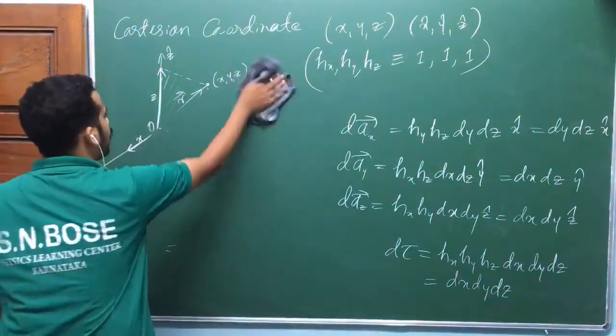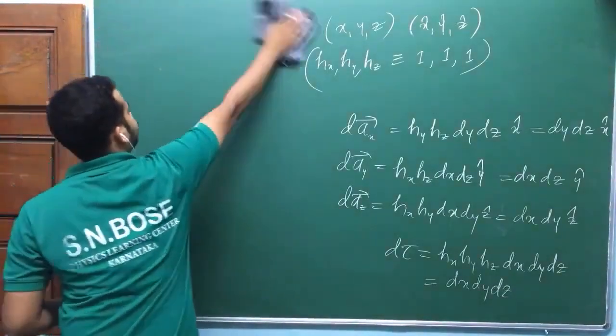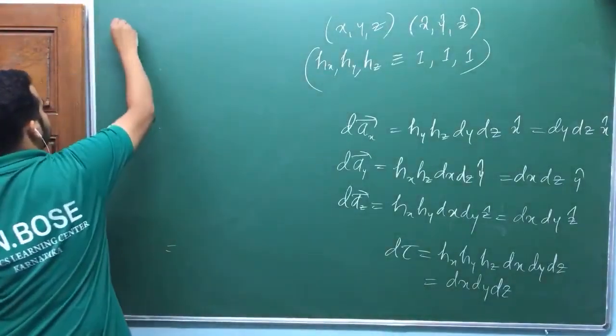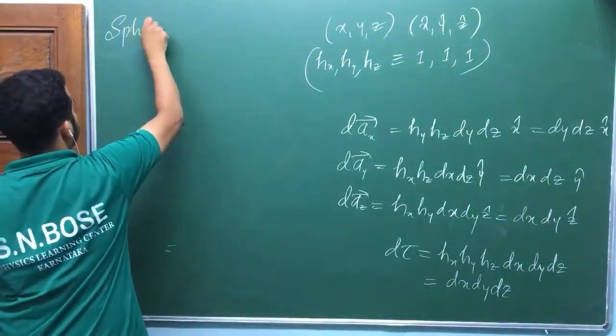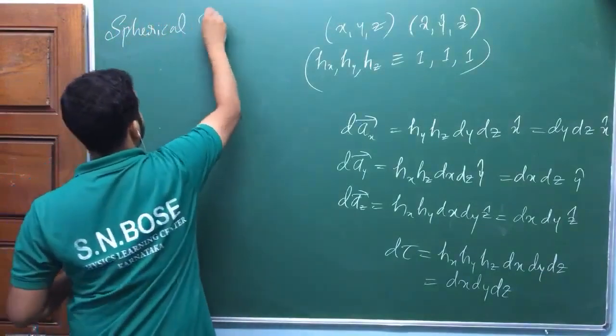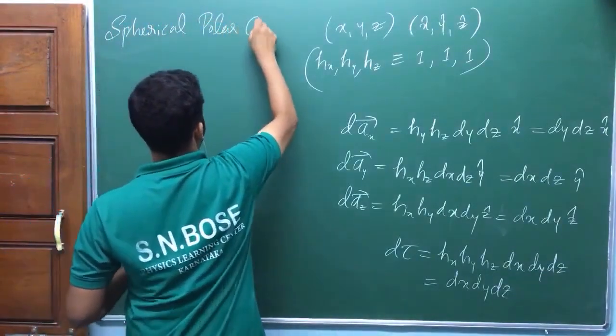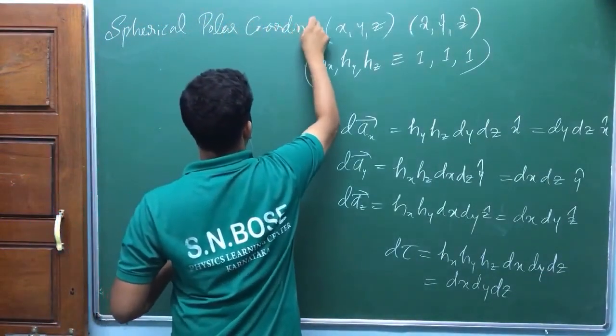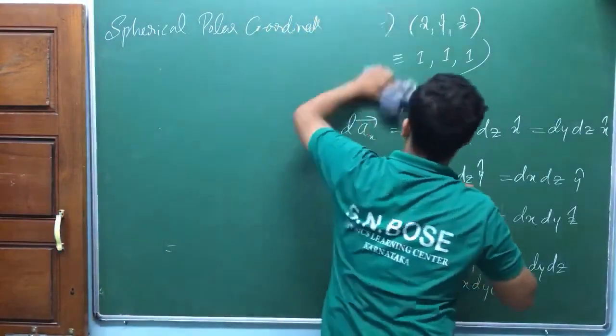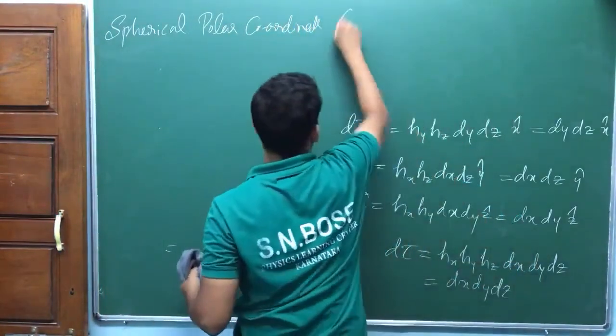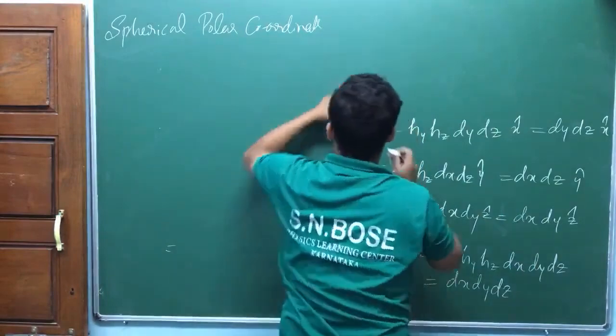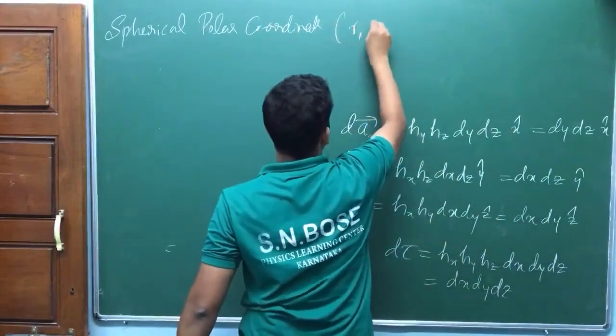Now let me take the transformation to spherical polar coordinates. Here our coordinates are, sorry, r, theta, phi.